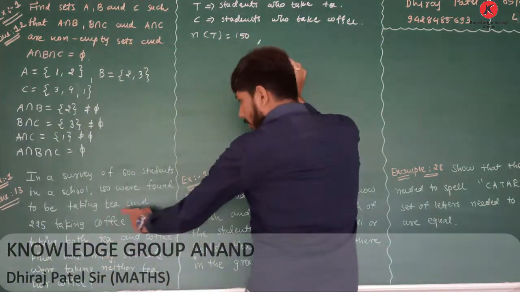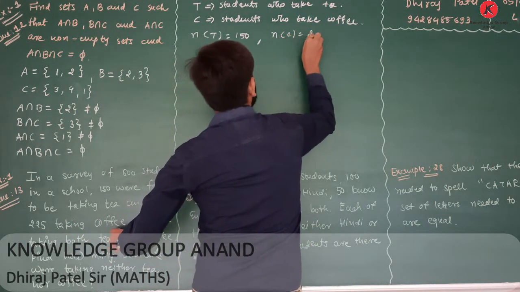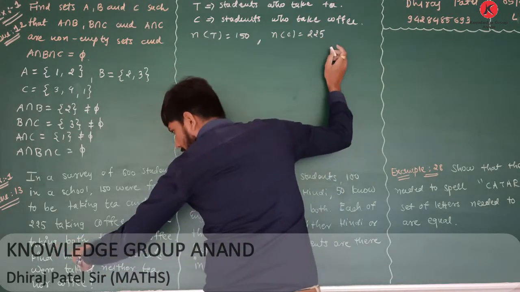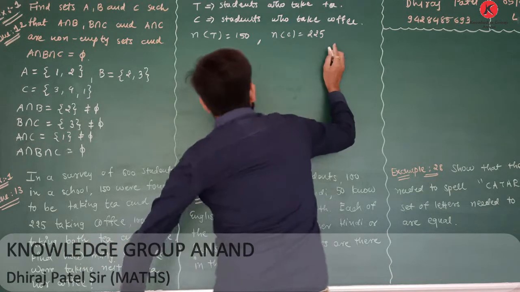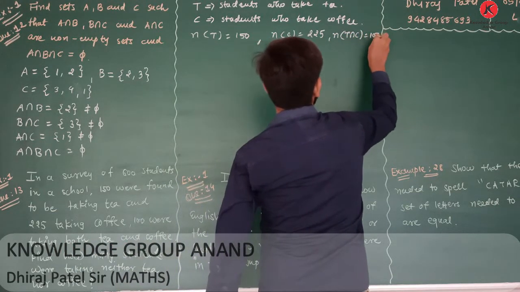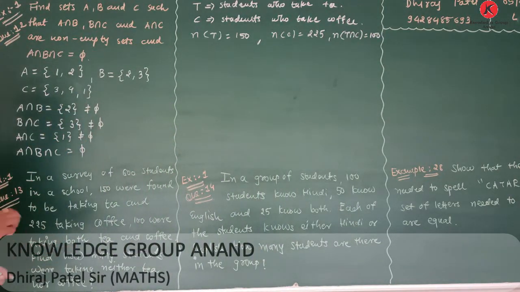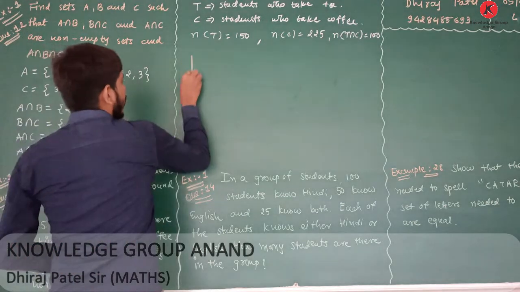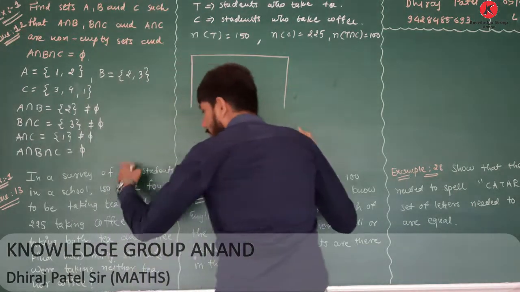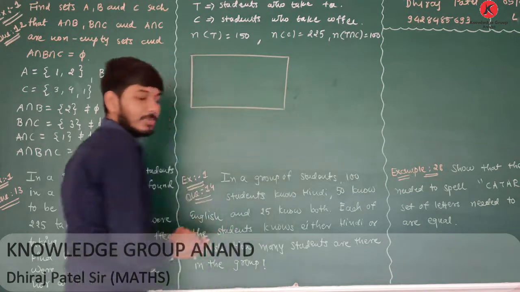Next one, 225 taking coffee, that means number of elements in C equals to 225. 100 were found taking both tea and coffee, therefore we can say that number of elements T intersection C equals to 100. Okay, so that data clear. Now draw the Venn diagram. આપણે જો u લખ્યો જ નથી, u કે યુનિયન છે ક્લિયર નથી એટલે આપણે લખતા નથી અત્યારે, પણ પછી અહીંયાથી વેન ડાયાગ્રામ થી ખબર પડી જશે.